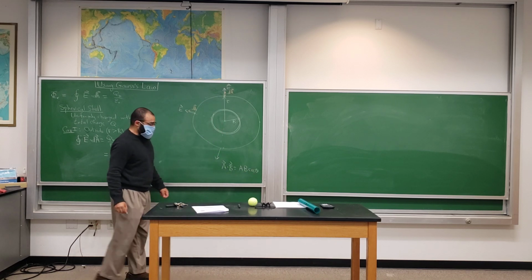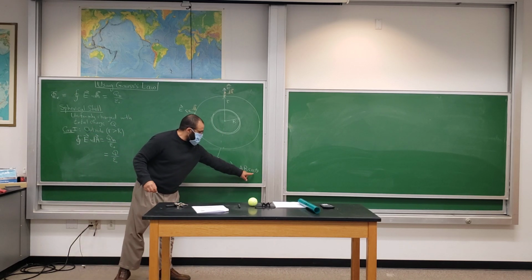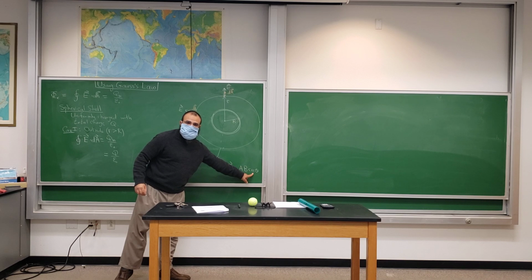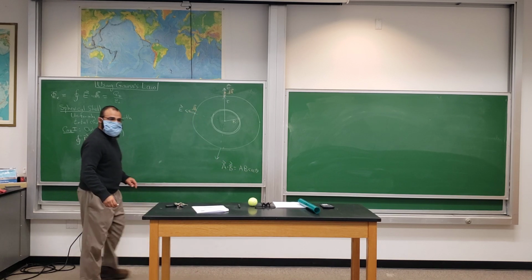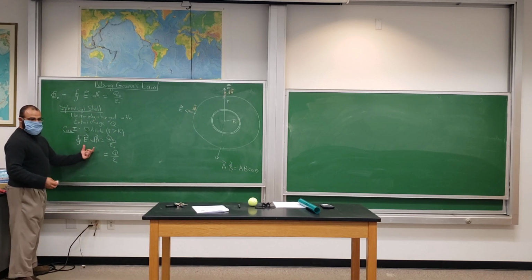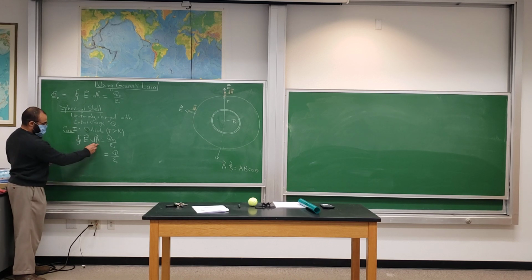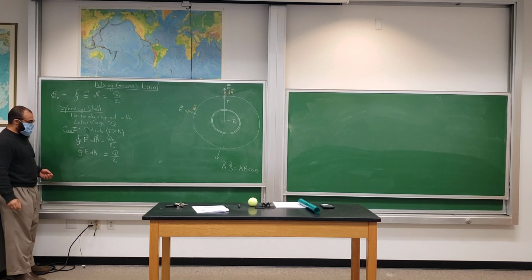If they are parallel, theta is 0, so cosine of 0 is 1. So it's just A times B. The vector signs went away, and I'm dealing with magnitudes. That's already a good simplification.